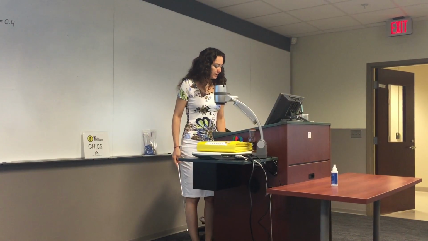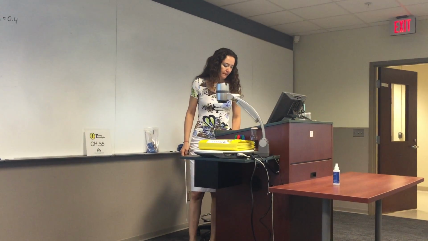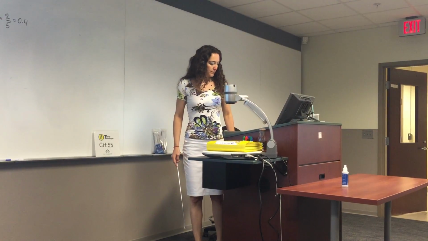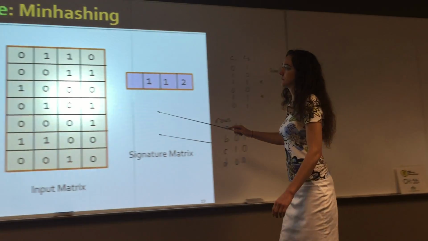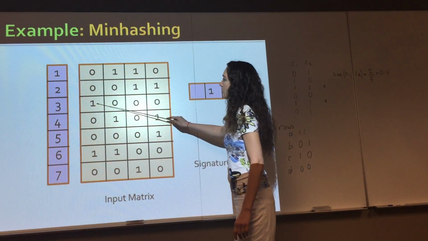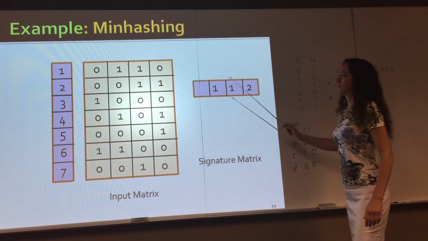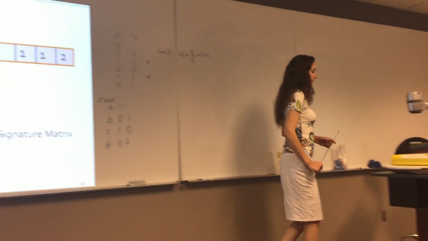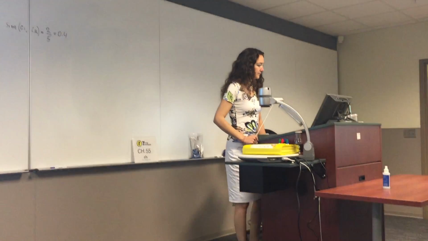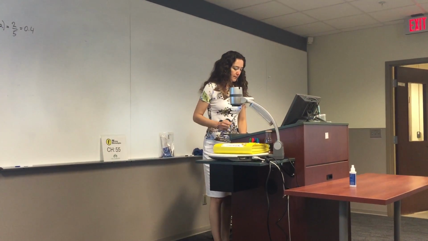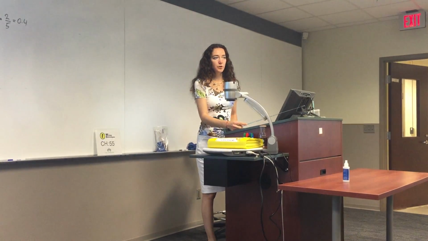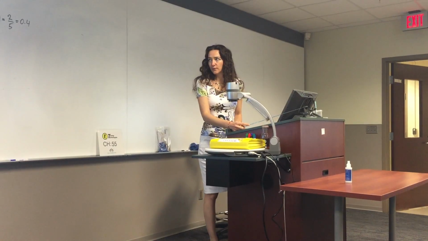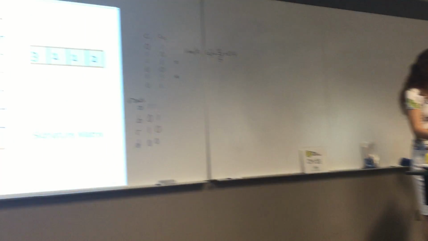Then we go to the third one. The third one has a 1 here, so we will put 3 in that space. So this is going to be the signature for the first permutation.